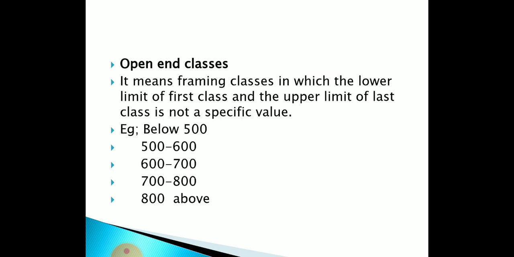For example, here the first class is below 500, and the last class is 800 and above. അതായത് ഈ ഡിസ്ട്രിബ്യൂഷനിലെ മോസ്റ്റ് ഓഫ് ദി വാല്യൂസ് 500-നും 800-നും ഇടയിലാണ് വരുന്നത്. ചില വാല്യൂകൾ മാത്രമാണ് 500-ൽ താഴെ അല്ലെങ്കിൽ 800-ന് മുകളിലായിട്ട് വരുന്നുള്ളൂ. അങ്ങനെയുള്ള കേസിലാണ് നമ്മൾ ഓപ്പൺ എൻഡഡ് ക്ലാസ്സസ് ഫ്രെയിം ചെയ്യുന്നത്.